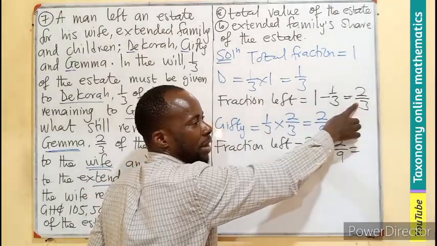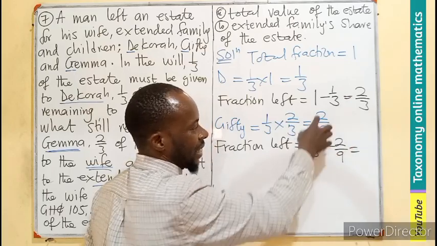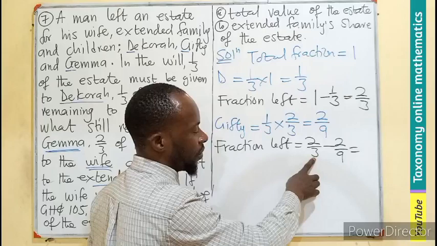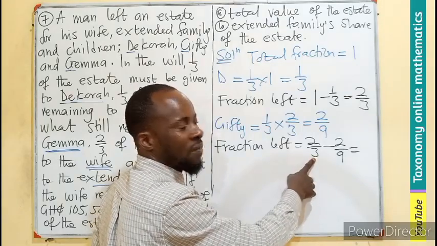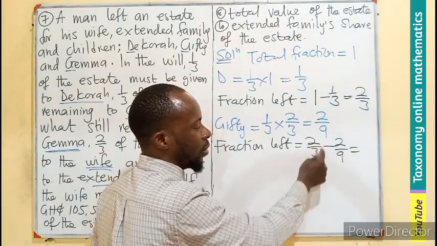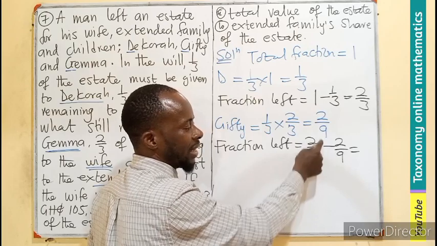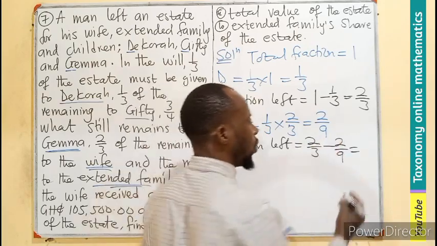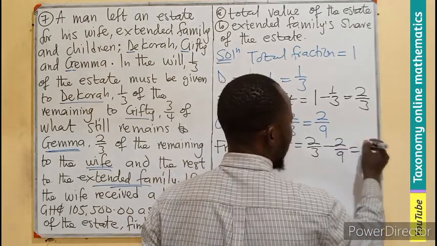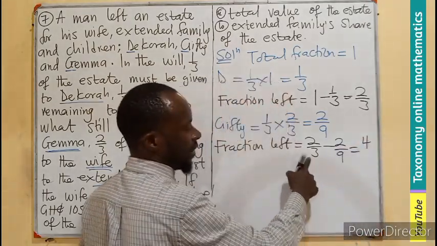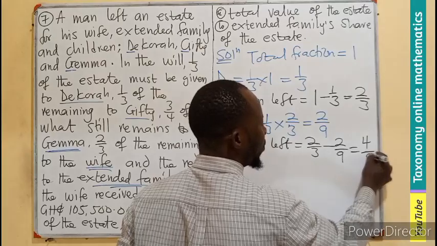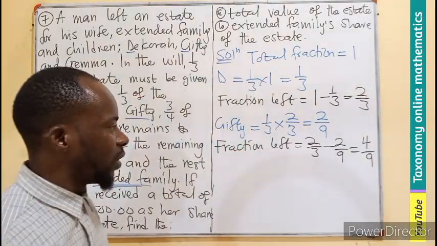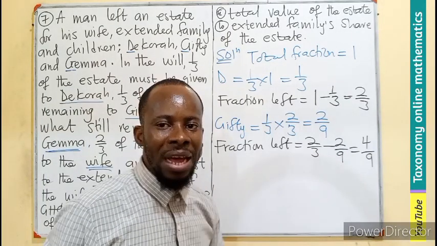What will be the remainder? We are going to subtract Gifty's own from the remainder. And since I have 3 being a factor of 9, I multiply the top and bottom by 3: 3 times 2 gives 6. 6 minus 2 will give you 4, right? Then since this is 9, you still maintain 4 out of 9. That is the remainder, right?